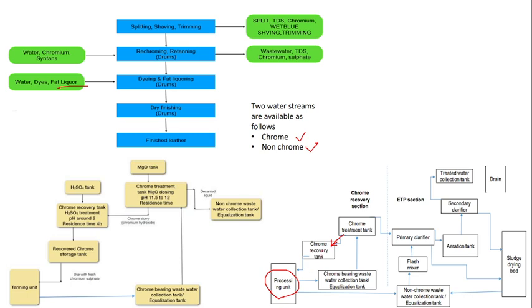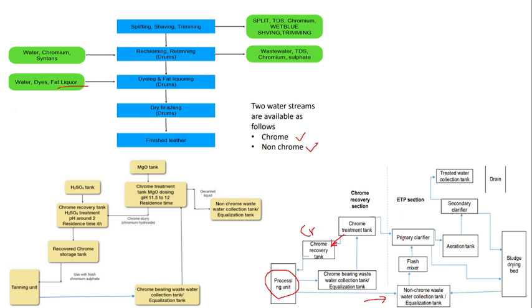In the recovery tank, all the chromium is removed. After the removal of chromium, it goes to the non-chrome waste stream. So the chrome waste stream is treated, and after removal of chromium, it is mixed with the non-chrome waste stream. The flash mixture is used for mixing both.